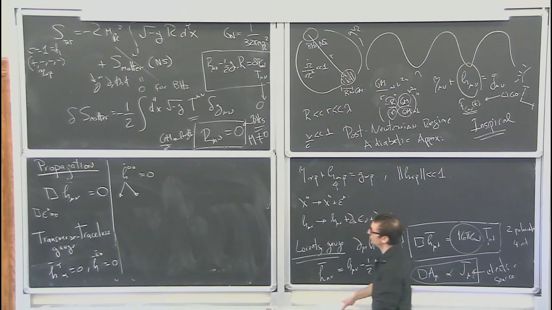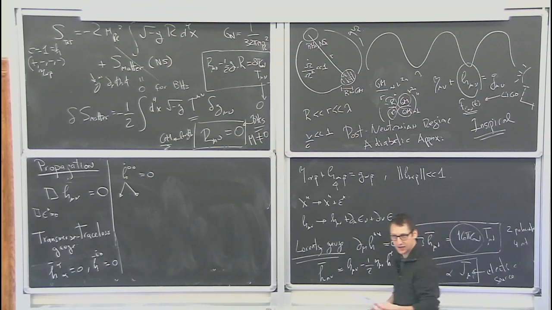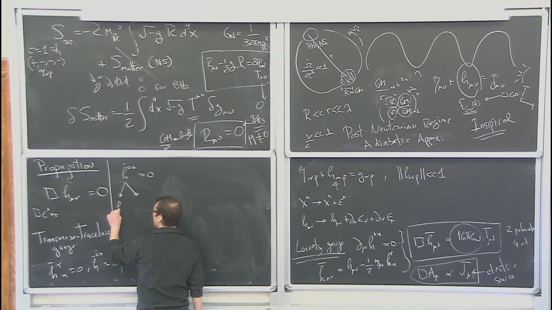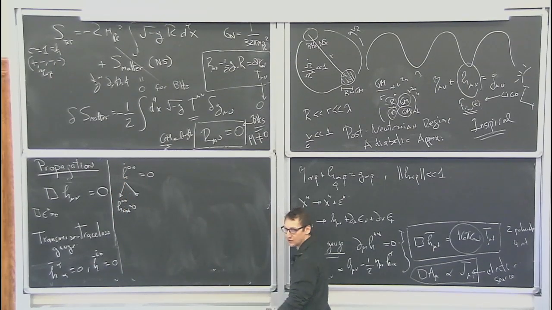And this will also be part of the genesis of how the effective theory is going to come about. Because what this is telling you is there is a radiation part, which I'm going to call H, even though this is the big H, I'm going to keep calling it H, just abuse of notation.